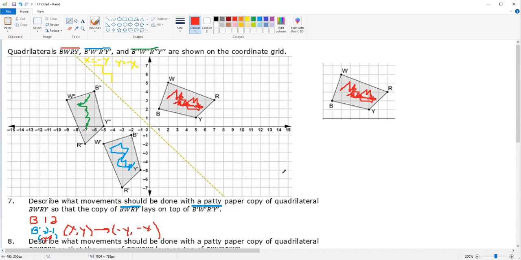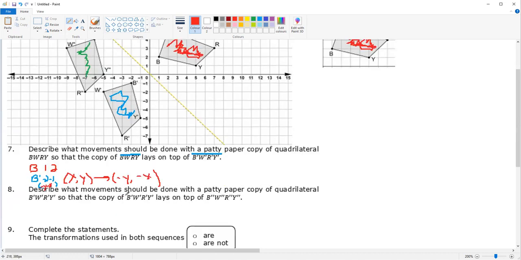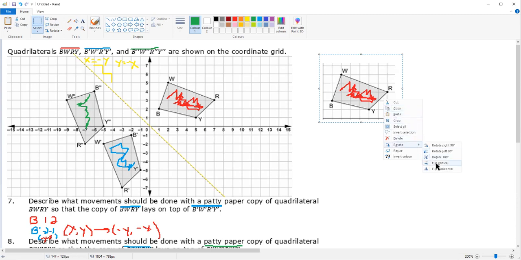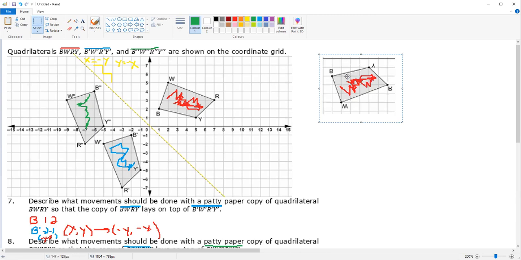And then going from blue to green, that's an obvious translation, right? I guess I could have done a reflection, like rotate, flip vertically, and then flip horizontally.